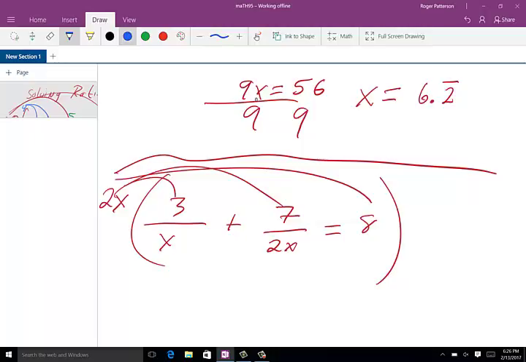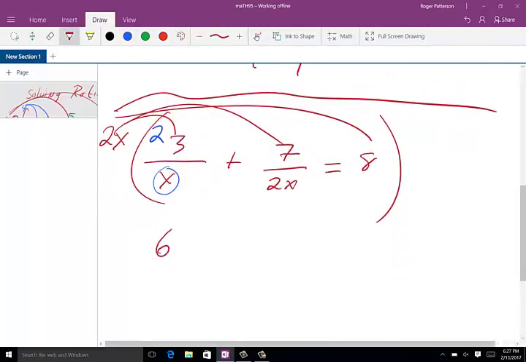When I multiply this by this 2x, what's going to happen here? The x's are going to cancel, and I'm just left with 2, so 2 times 3 gives me 6. Plus, now I'm going to do the same thing with this 2x, this 2x.